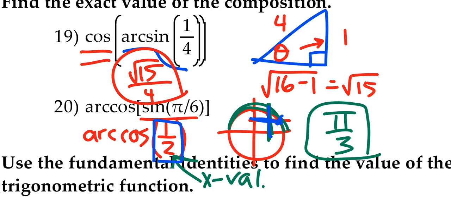They started out with pi over 6 and said, what's the y value? Got that. Now they're saying, what angle measurement inside the arc cosine's range has that same x value? It's kind of weird because they're switching from using it as a y value to using it as an x value. That's why you have to pay attention on this question.